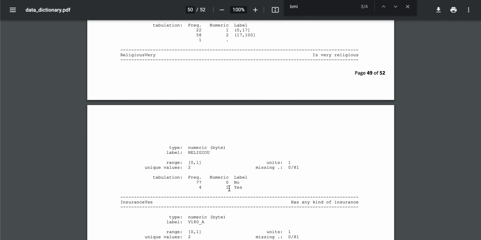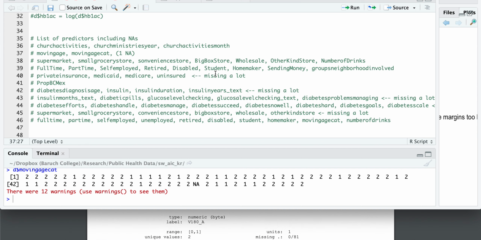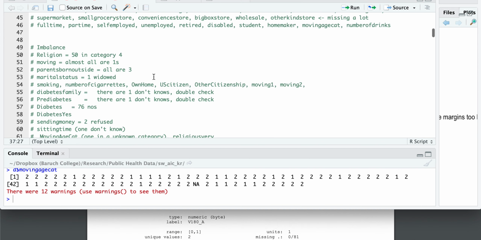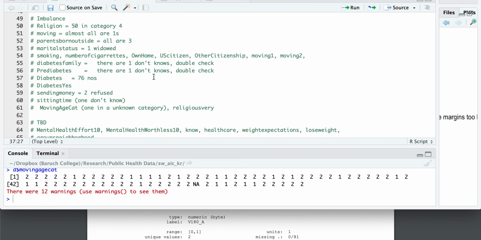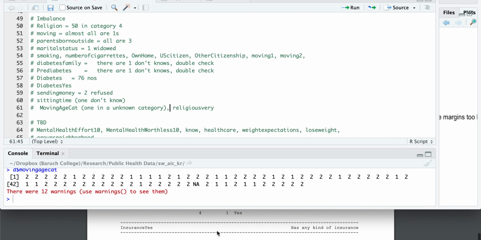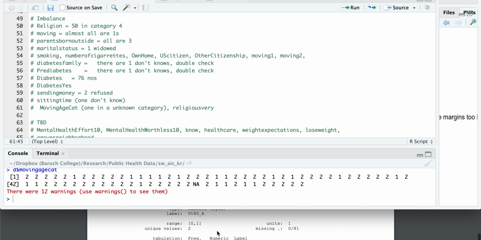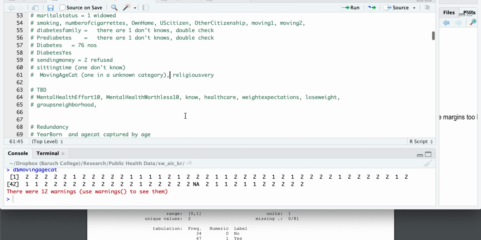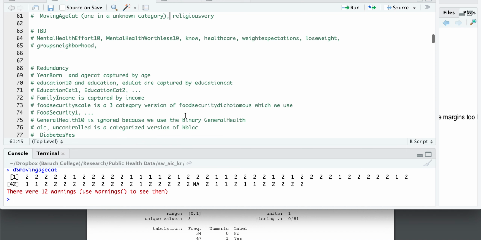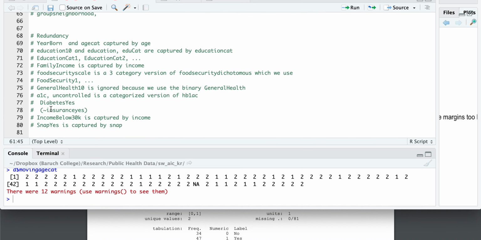Religious vary. We have no yes. 77 in one category, so we just ignore that. Yeah, we have it here. Insurance, yes. Yes.